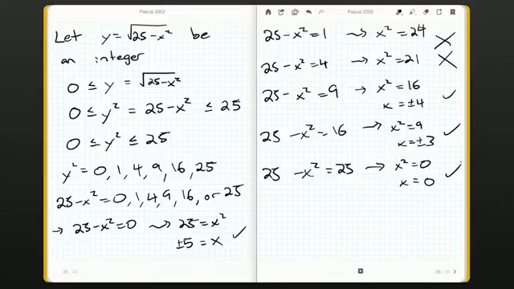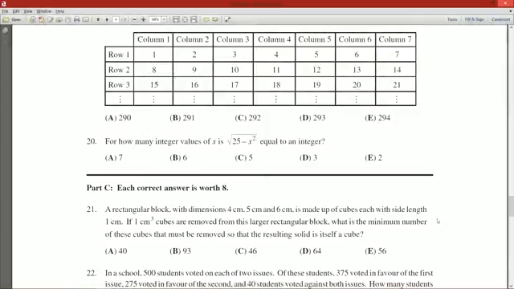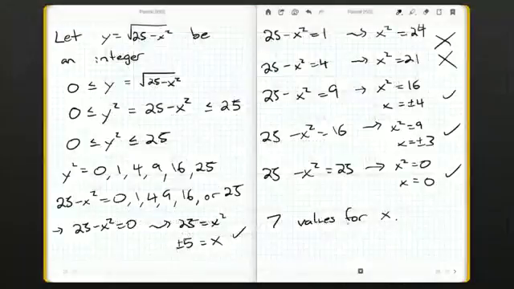It's the same thing. So we get x equals 0. So that's 1, 2, 3, 4, 5, 6, 7 answers. 7 values for x, and we were asked how many values for x. And that is A, 7.